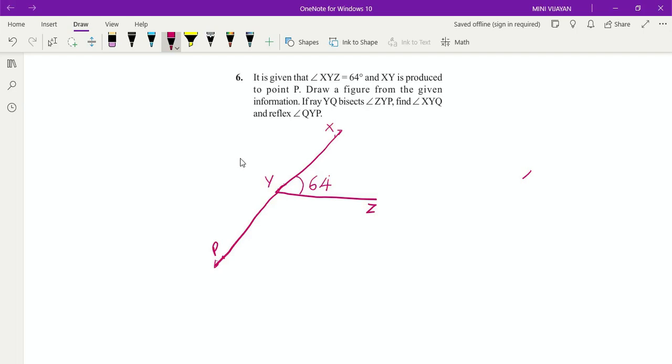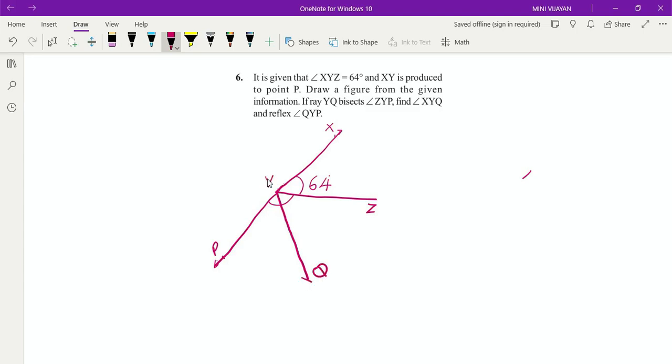Now, if a ray YQ bisects ZYP, can you see the angle ZYP here? This is the angle ZYP, and this is bisected. Bisected means we already discussed that term, divided into two equal halves. So we can just draw YQ.